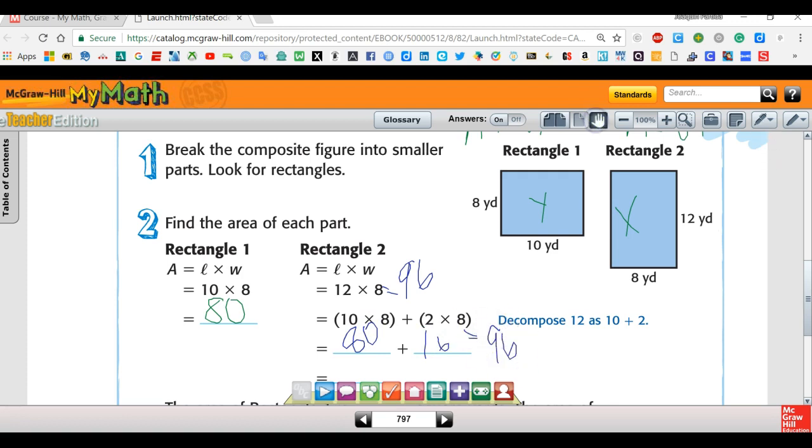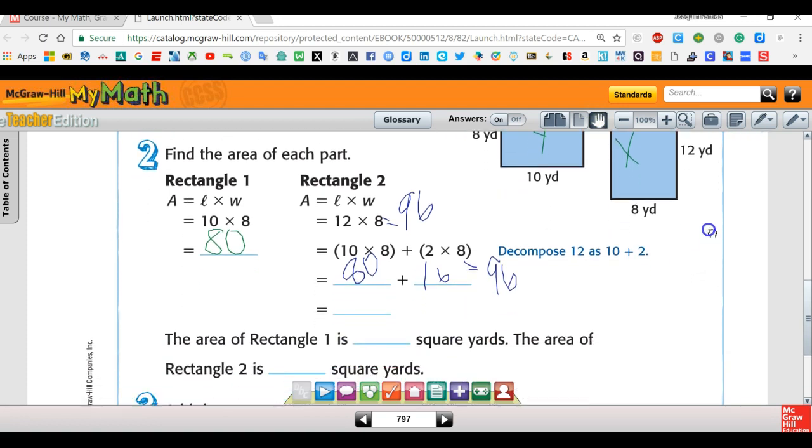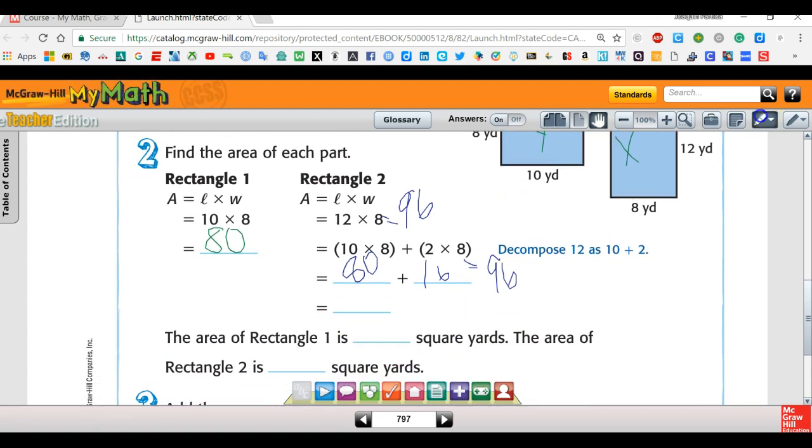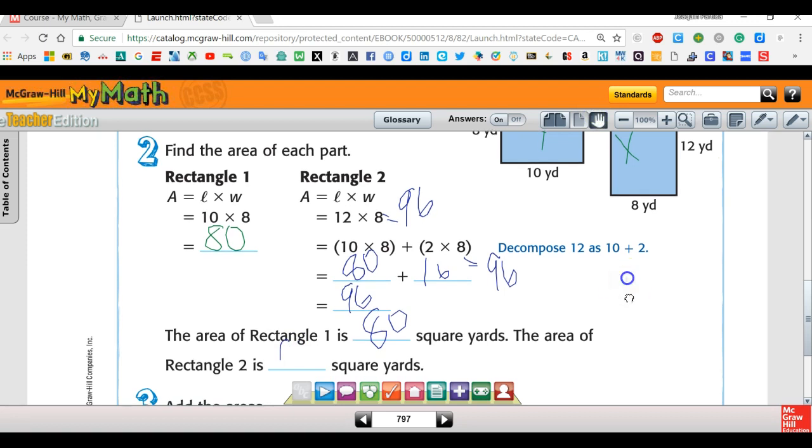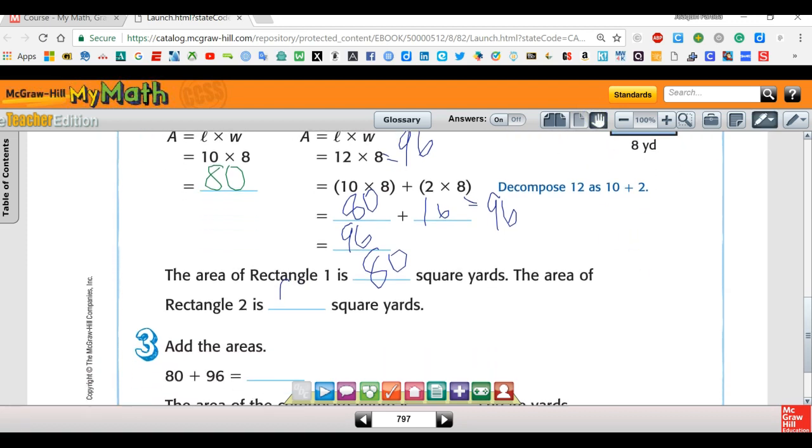Then you take both areas. The area in rectangle 1 is 80. The area in rectangle 2 is 96. And then I add those. And look, they have it right here. You add both of those.